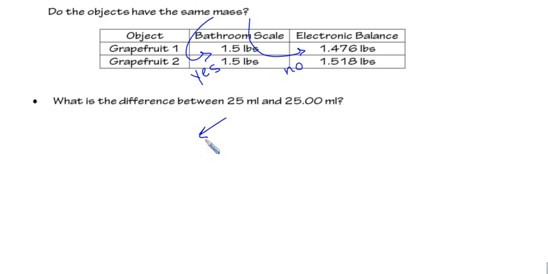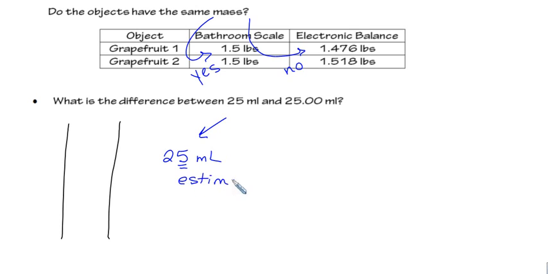If I measure 25 milliliters, the graduated cylinder might look like this. Graduated cylinder. The last spot is the estimate. So if it was 25 milliliters, this 5 is the estimate. So this means that they knew for sure it hit 20. It did not hit 30.